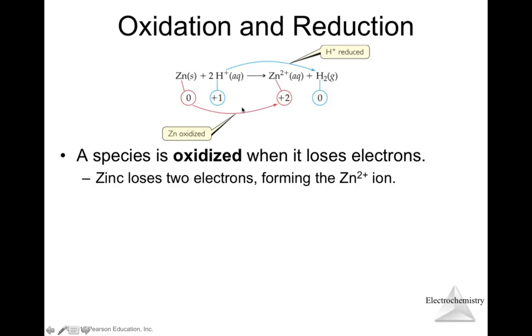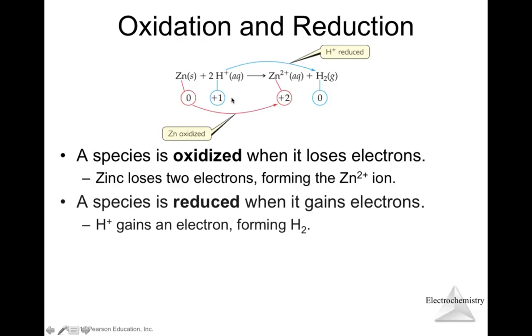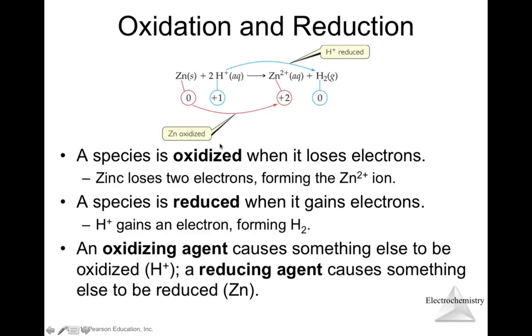Zinc loses 2 electrons, that's why it's +2, because each electron is -1. It went from 0 to +2, meaning it released 2 electrons, while hydrogen received 1 electron, and because of that it was reduced from +1 to 0.